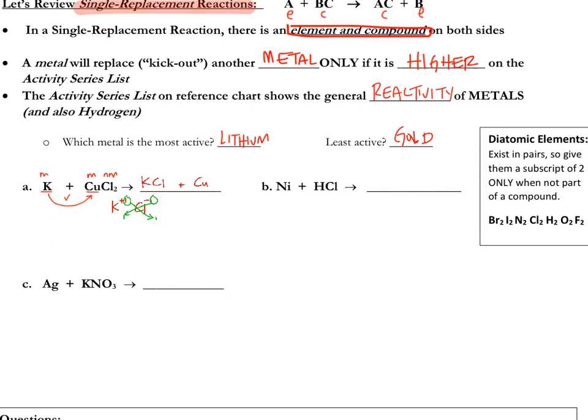Okay? So there's my single replacement reaction. I've got an element and a compound forming a compound and an element. So I've got an element and a compound on both sides.